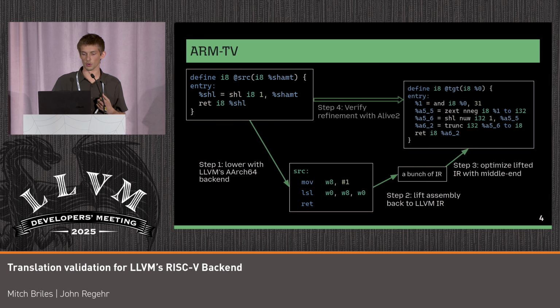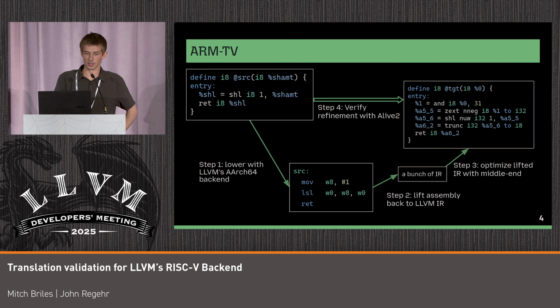And finally, step 4, we verify that the target is a refinement of the source. The goal is to show that each of steps 1, 2, and 3 were all refinements of the previous. If Alive says that this translation did not validate, then that means one of these steps was not a refinement, because refinement composes.